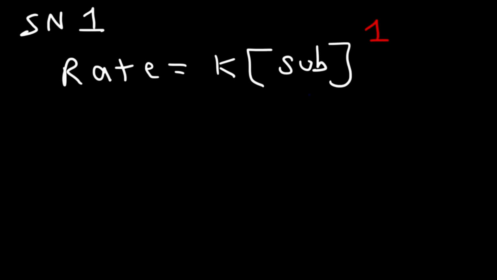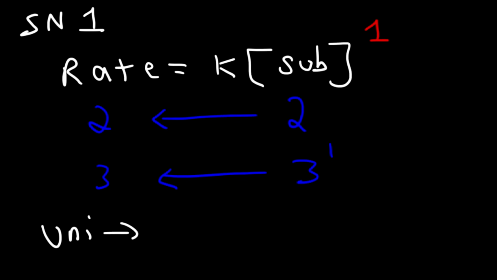So if you double the concentration of the substrate, the rate of the reaction will double. If you triple the concentration of the substrate, the rate will triple. So it's a unimolecular reaction, whereas an SN2 reaction is a second-order nucleophilic substitution reaction, or a bimolecular substitution reaction. Uni means 1, bi is associated with 2.